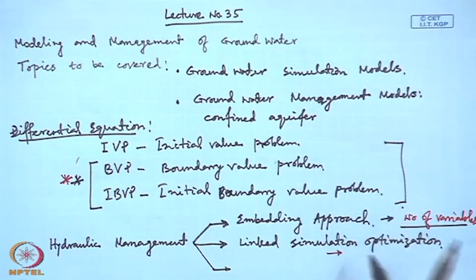The second approach's concern is simulation time. If we are setting up a complex simulation model, then each simulation will take a significant amount of time, and that will be a limitation for this linked simulation optimization.